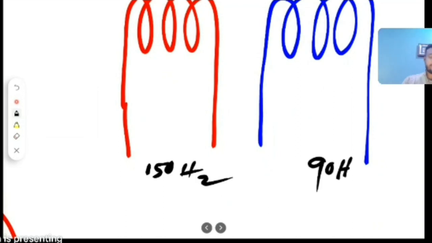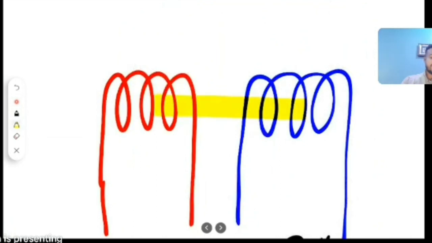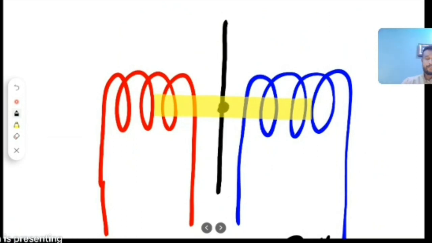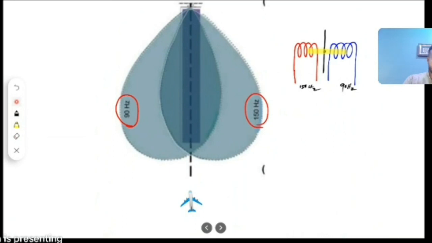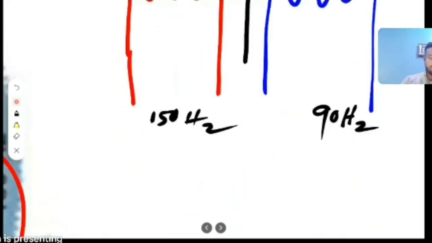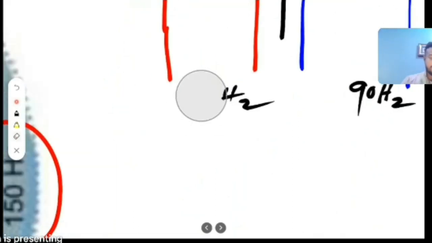Placing an iron core inside, I will attach a single needle on the center here. Now suppose in my aircraft I have tuned the frequency of the ILS of the particular runway.